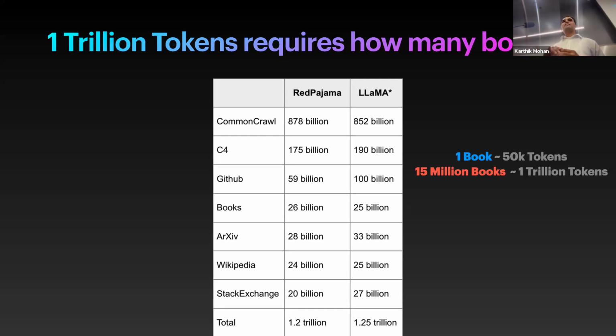So essentially, you're saying, hey, let's crawl the web, let's extract all kinds of documents, and I train with data that has 1 trillion tokens, which is essentially an LLM in a span of 1 month or 2 months having gone through 15 million book equivalent data to actually do the training. So large actually refers to this.